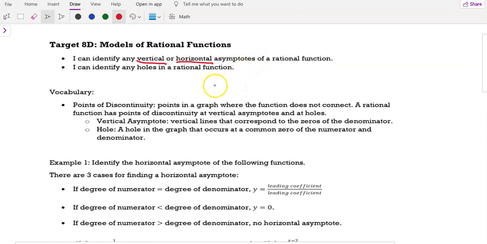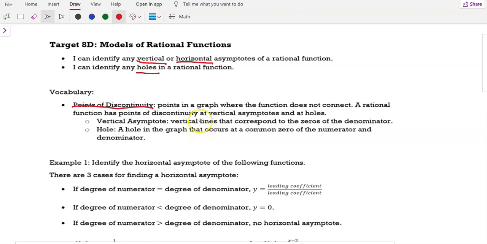All right, and we're also going to talk about another definition, which is holes, and how there might be holes in one of our graphs. So vocabulary for today is points of discontinuity, and that's where the graph does not connect.